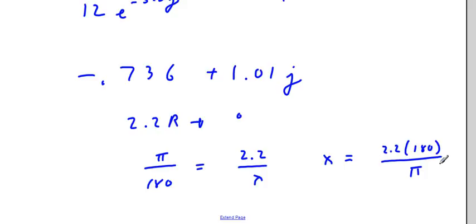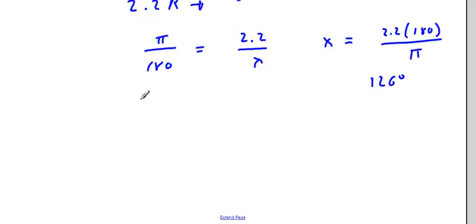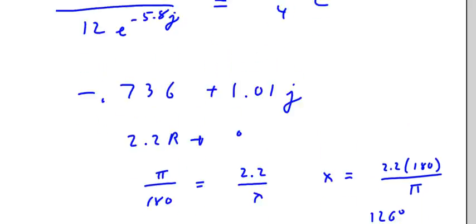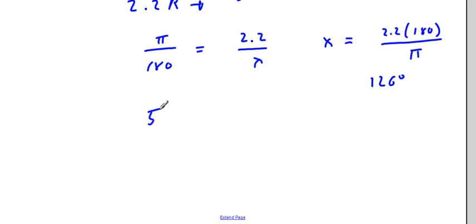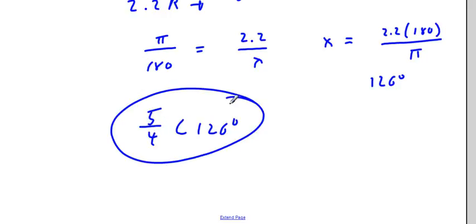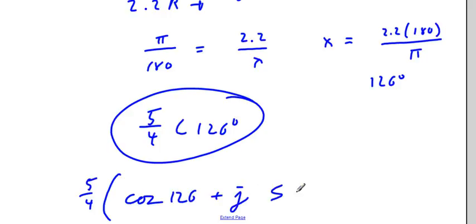So that's 126 degrees. Then this is 5 over 4 angle 126, and I'd put it in my calculator and do the same thing. Or I could go 5 over 4 times cosine 126 plus j sine 126, if I didn't want to put my calculator in radians, but I probably would.